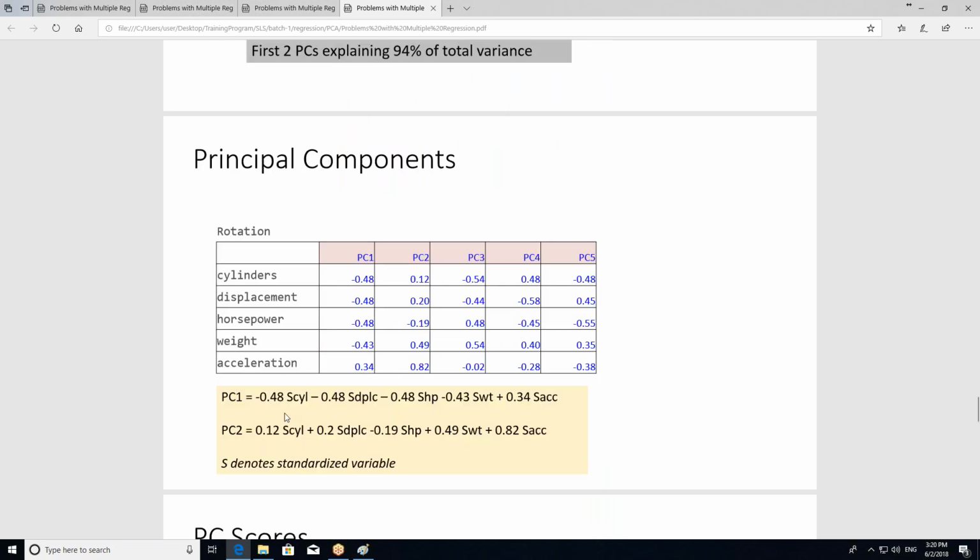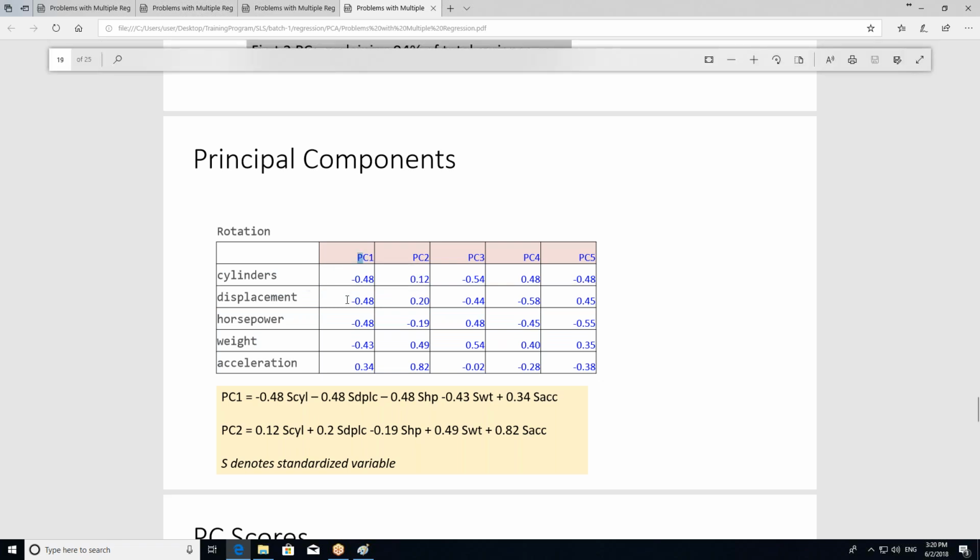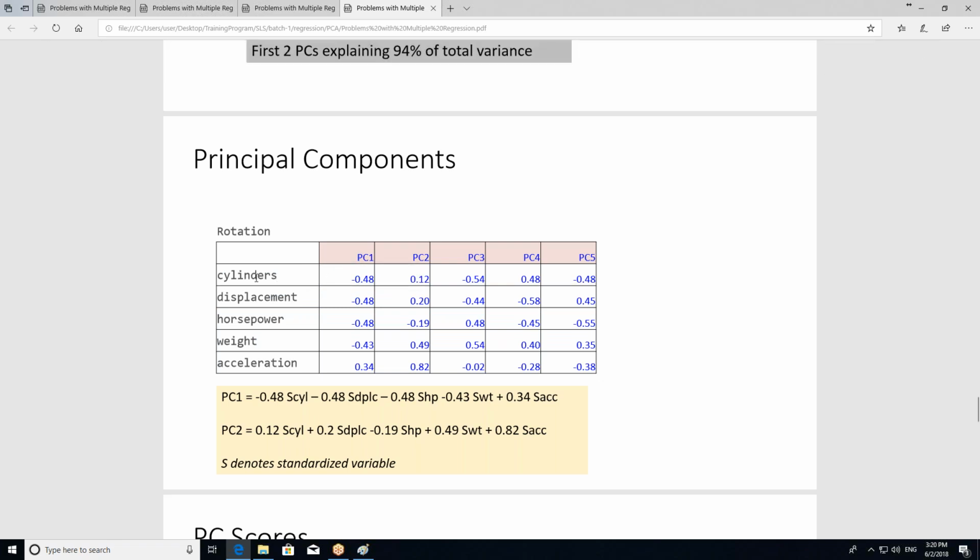So I found PC1 is 0.48 multiplied by cylinder, plus 0.48 multiplied by displacement, plus 0.48 multiplied by horsepower, plus 0.43 multiplied by weight, plus 0.34 multiplied by acceleration.